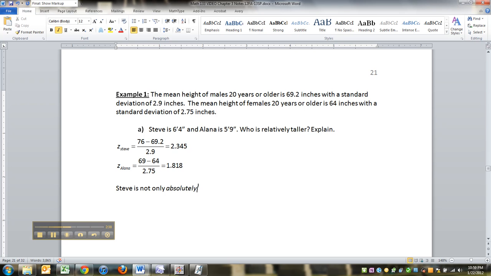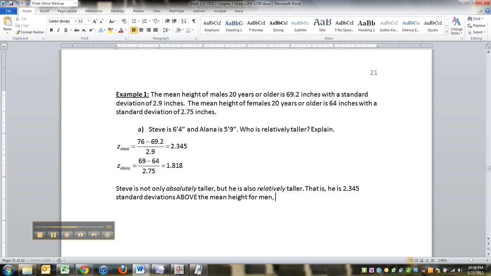If he and I stand next to each other, he's taller, but he is also relatively taller. That is, he is 2.345 standard deviations above the mean height for men.